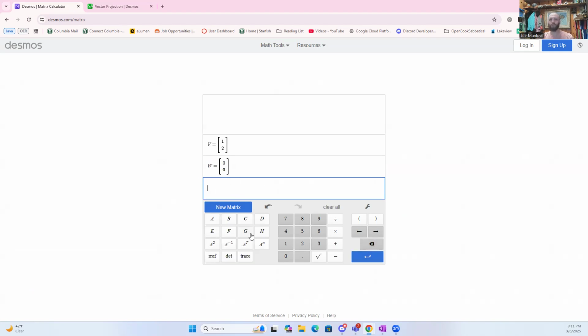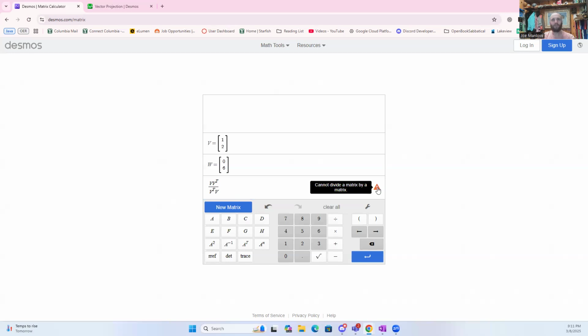I want to make my projection matrix, and Desmos doesn't let you just type it in. So I'm going to do v v transpose divided by v transpose v. Now that should be giving me a matrix. Why are you not giving me a matrix?